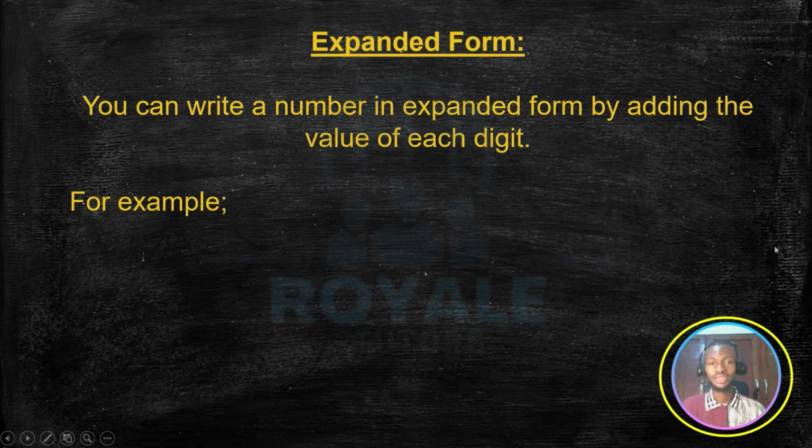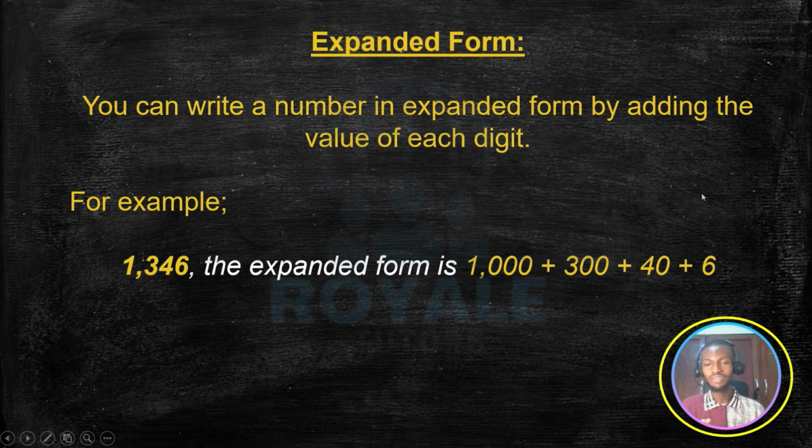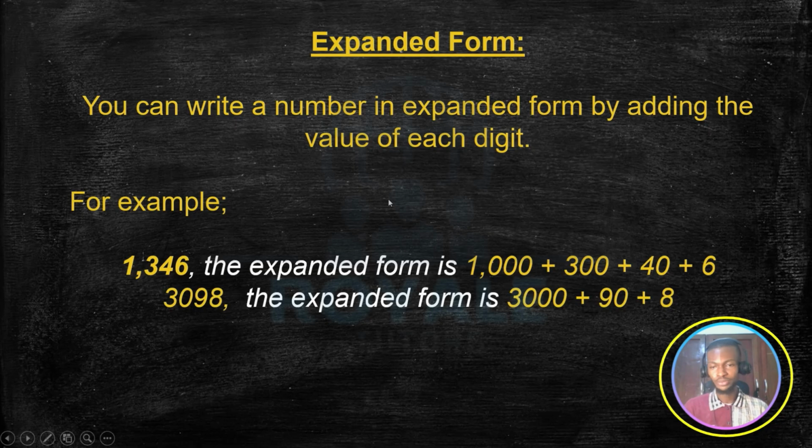So let's take an example. We have the number 1346. The expanded form is 1000 plus 300 plus 40 plus 6. Look at another example, 3098.